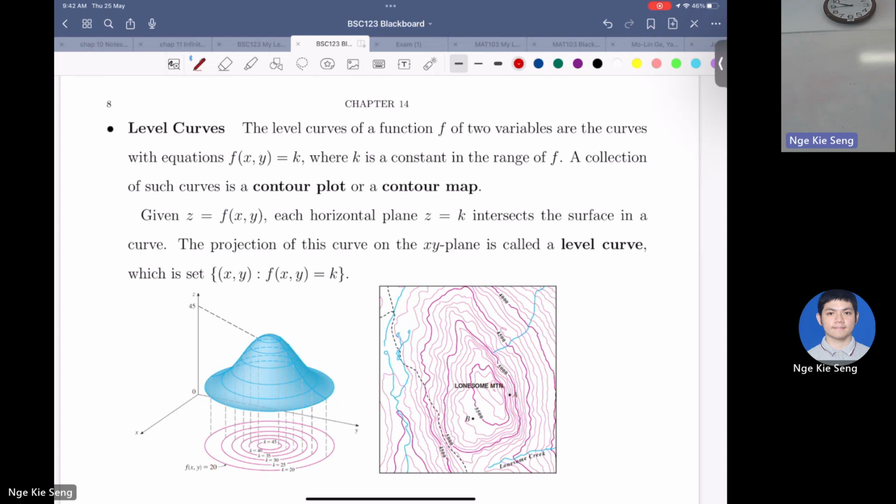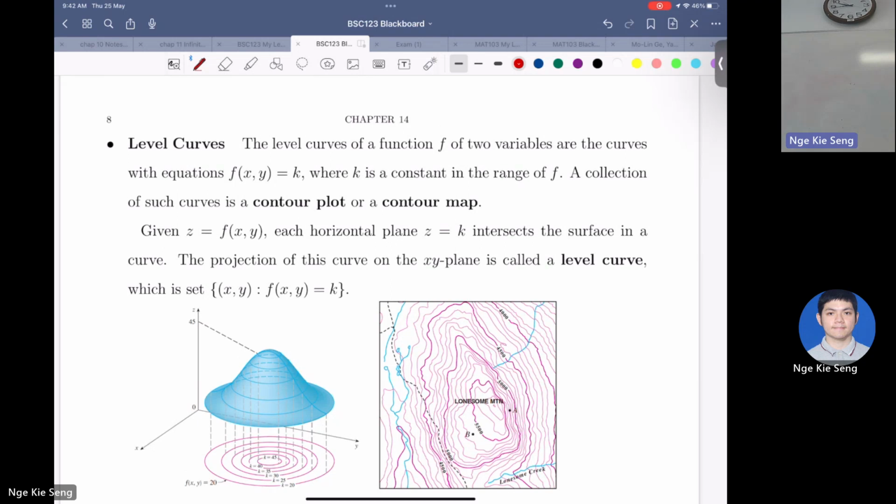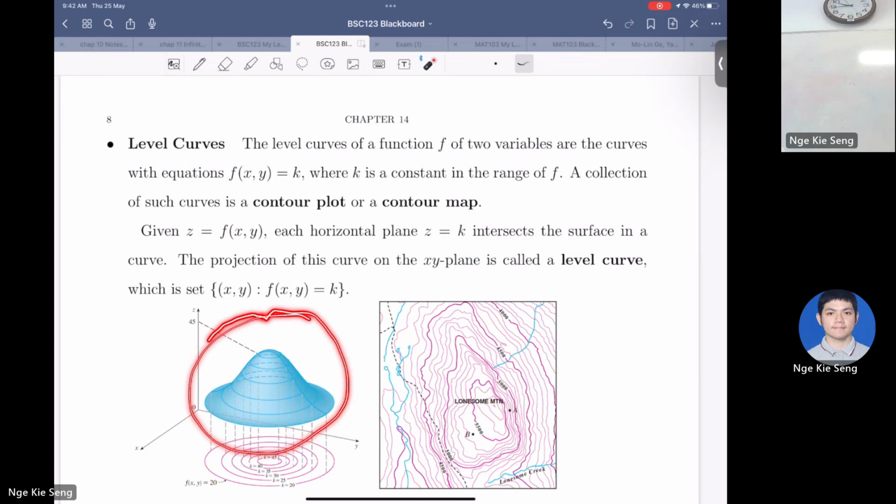For example, in this diagram here, it looks like a UFO, but actually you can imagine this is a plane that gets bent up. It is not solid, it's not filled, it's just one surface like that. And you use a plane to cut it through.